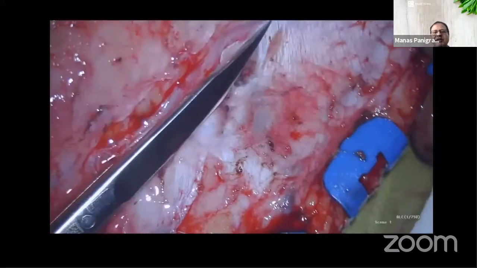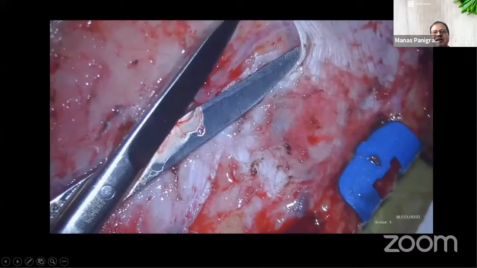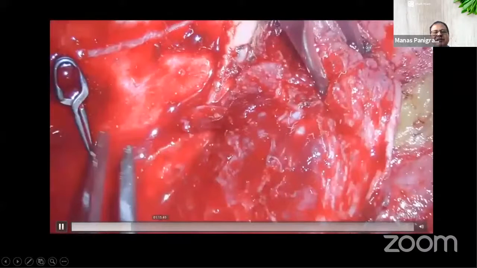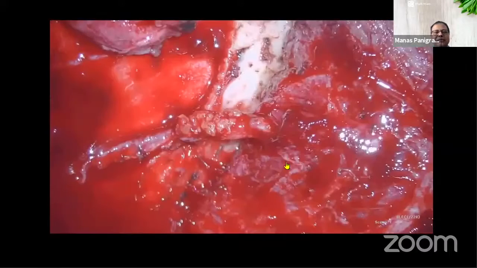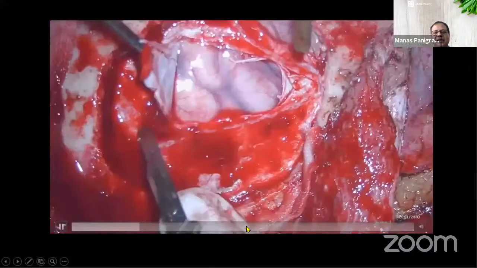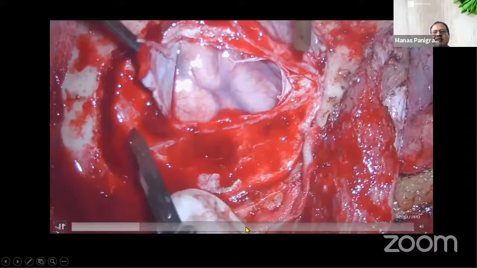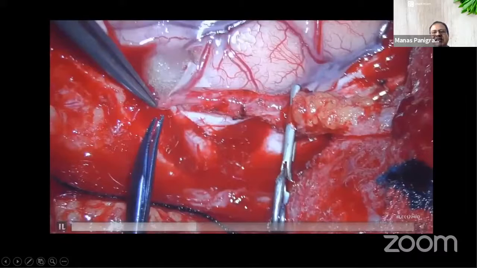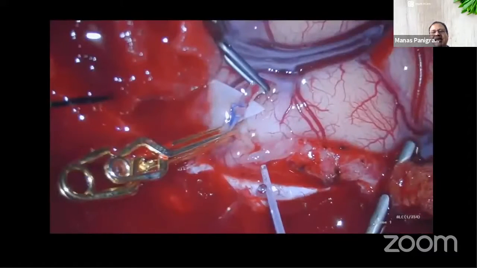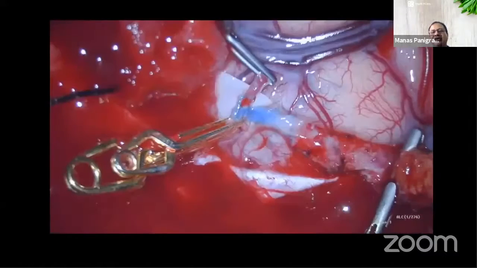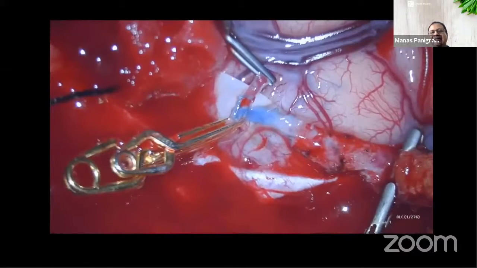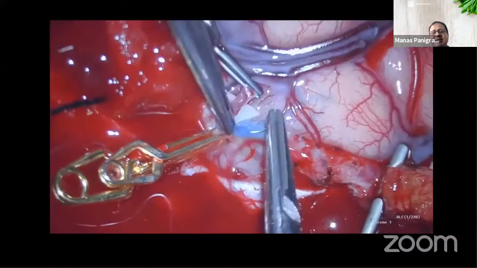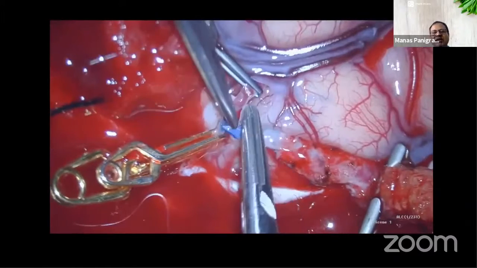Then make an incision in the temporalis muscle, bring out the flap, bring out the STA, and do the anastomosis. This is the standard technique, but every day is not good. Many times the STA gets damaged while reflecting the flap, or sometimes we don't get a good STA.